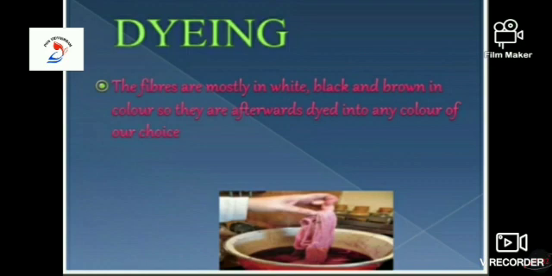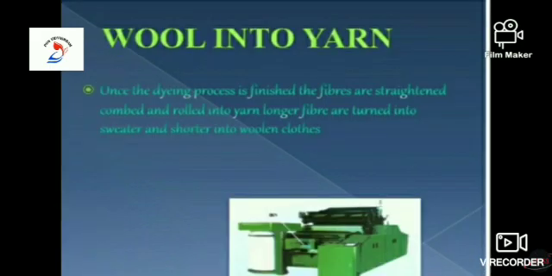So while you read those chapters and view the videos, it is very important to look at the e-books, that is the Ratna Sagar book and also the NCERT, for better understanding of how we convert the wool into yarn.